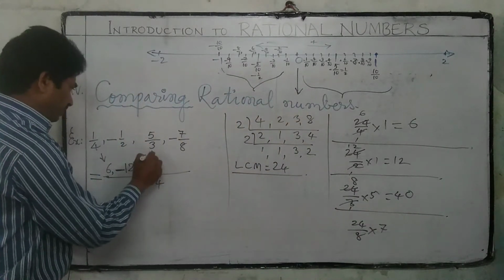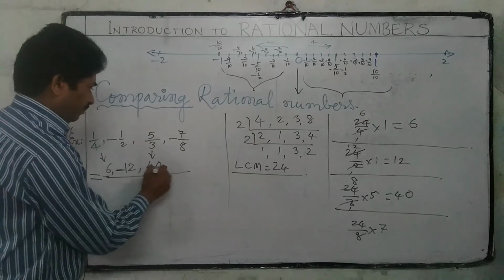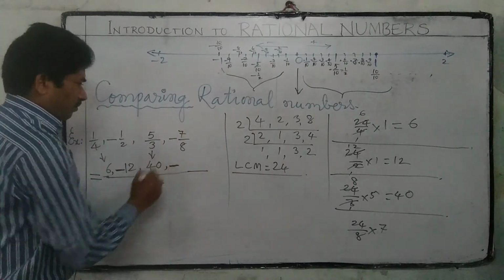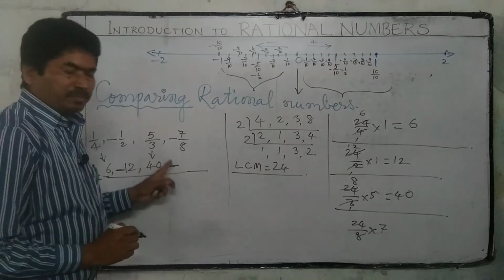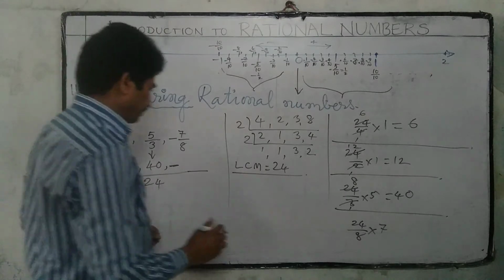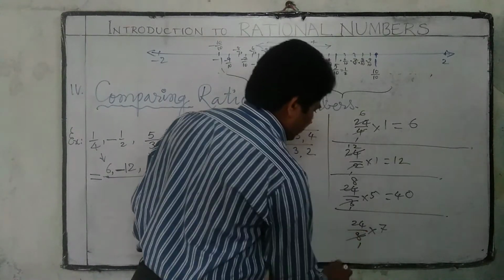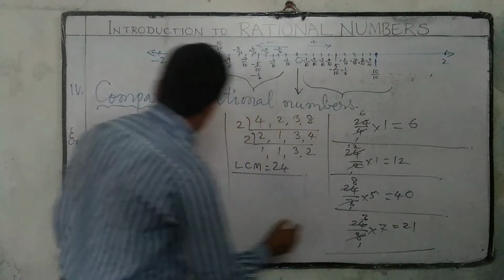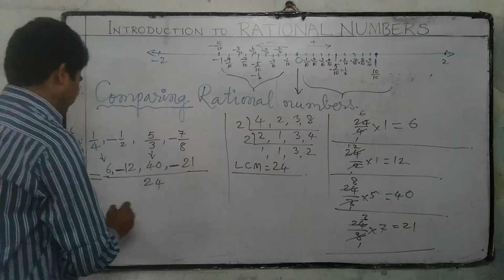Here we have to write this down of this 5 by 3. Now here we have a minus sign. We take care of the minus sign while writing these numbers. 8 ones, 8 threes, 3 sevens are 21. So 21.